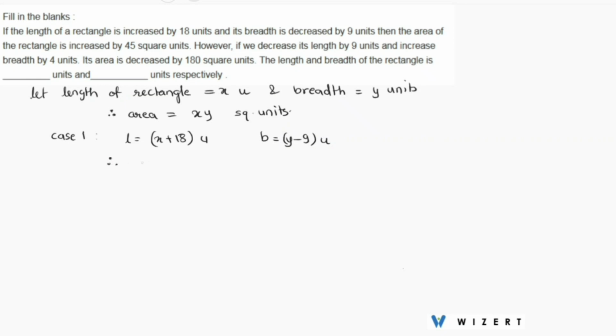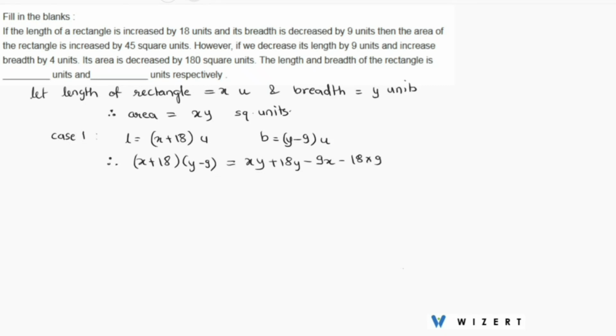Therefore area will be x plus 18 multiplied by y minus 9. Let's do the polynomial multiplication. We have xy plus 18y minus 9x minus 18 into 9.